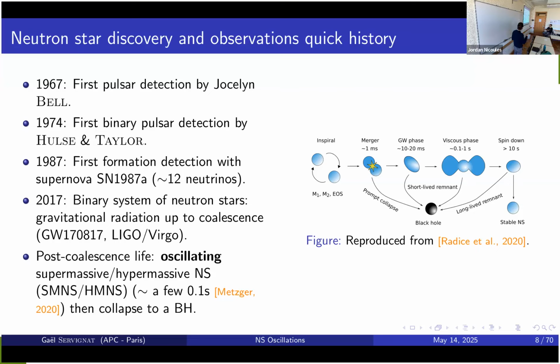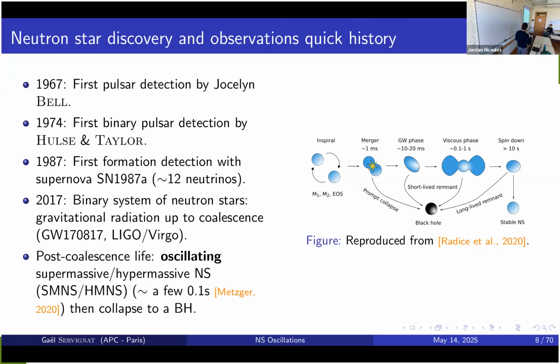Then in the 80s, there was the first formation detection. We saw 12 neutrinos, which is compatible with the neutronization of approximately 1 solar mass. I think there was some debate on these events about whether it stayed a neutron star or collapsed to a black hole. Not sure. And then 30 years later, the detection of the binary neutron star.